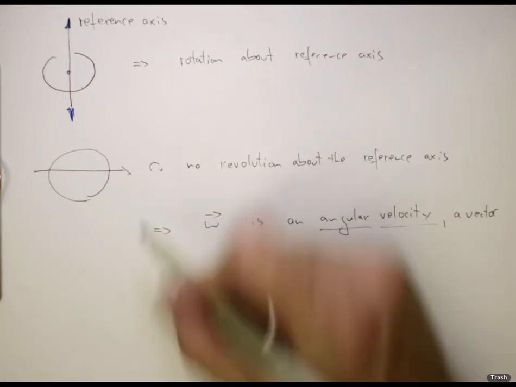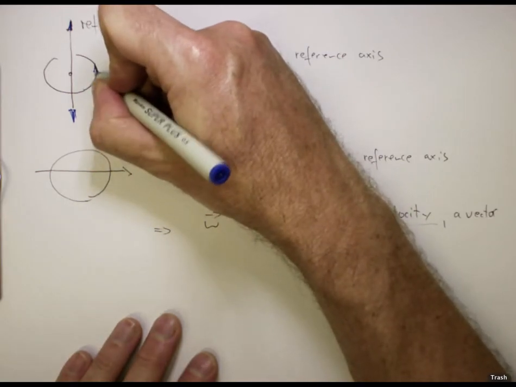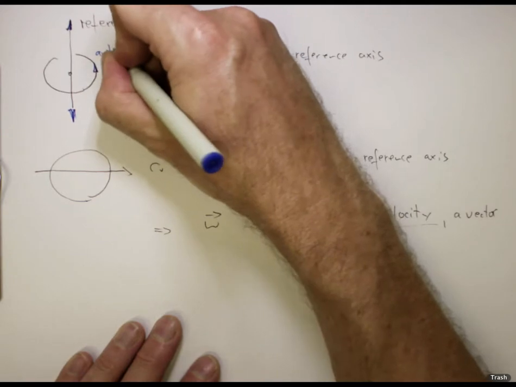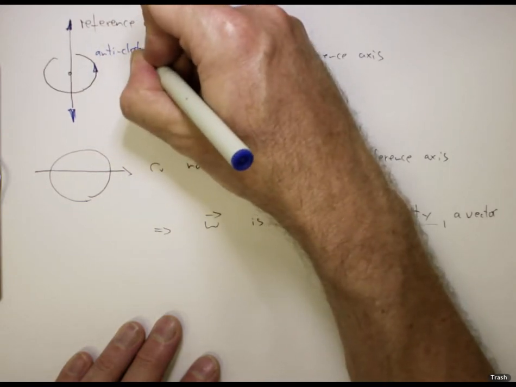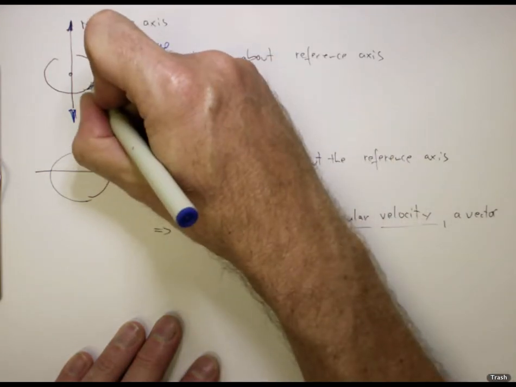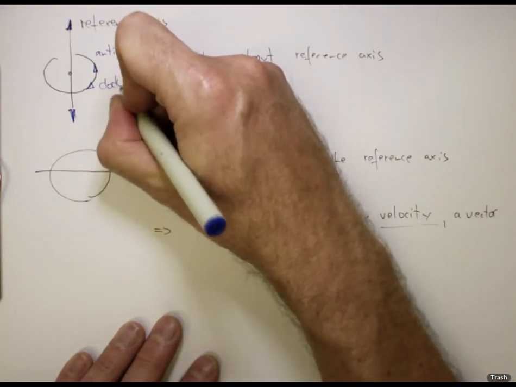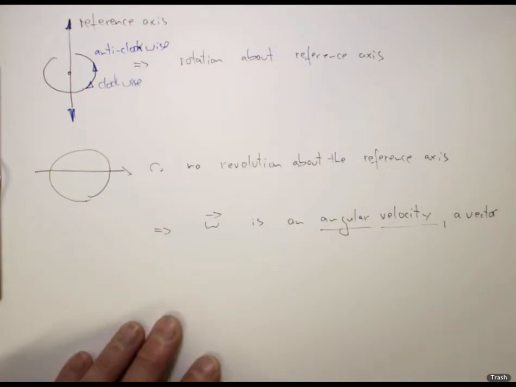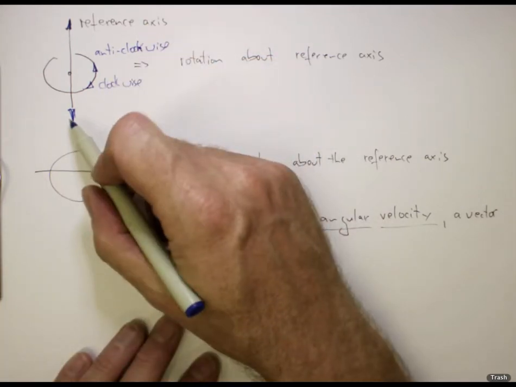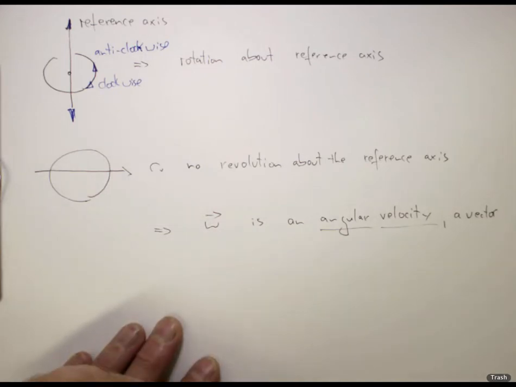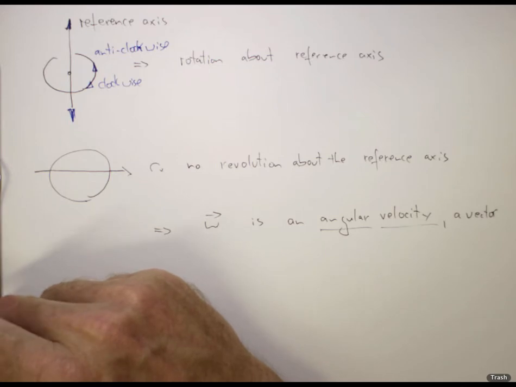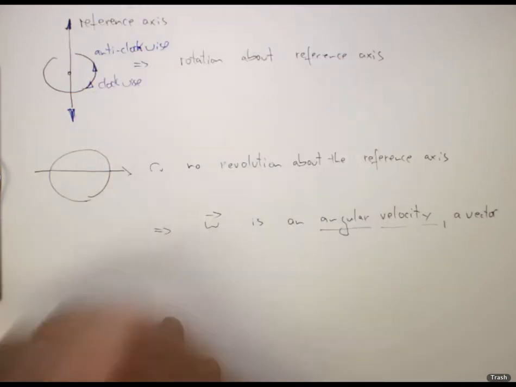Well, we can move in an anti-clockwise sense, or we can move in a clockwise sense. And therefore, it is sensible to define the direction of omega as an indicator of the sense of the revolution. And that could be either way around. We could have up anti-clockwise and down clockwise.